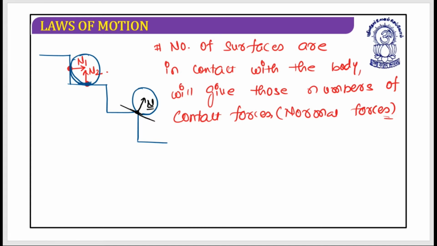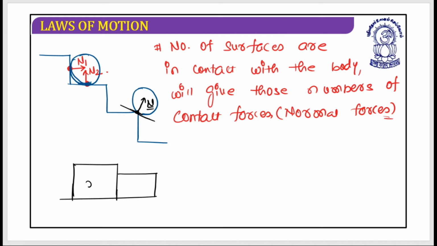So in this situation, only one point is in contact, and when only a single point is in contact, the normal force could be applied in this direction. Is it clear? Are you sure? Great. So can we move to the next session? Yes. Let's suppose a situation is something like this.